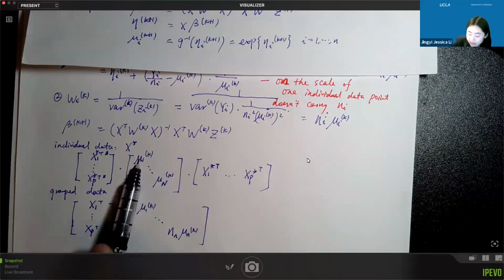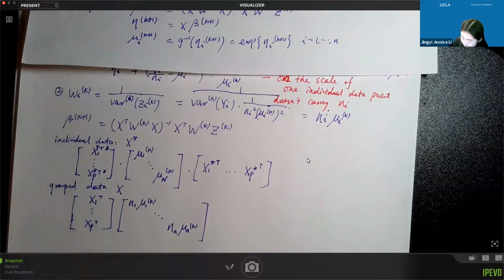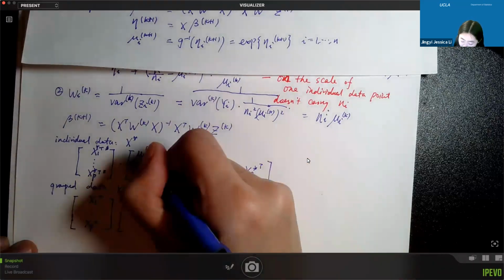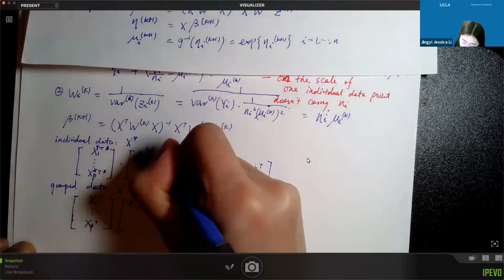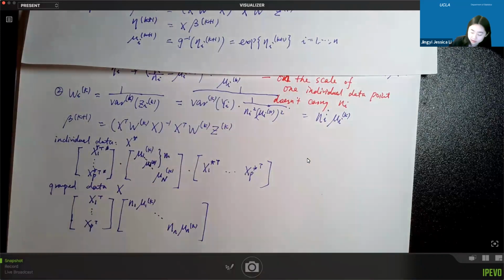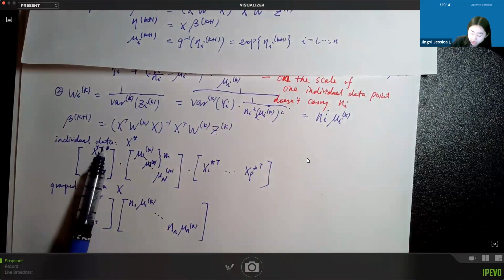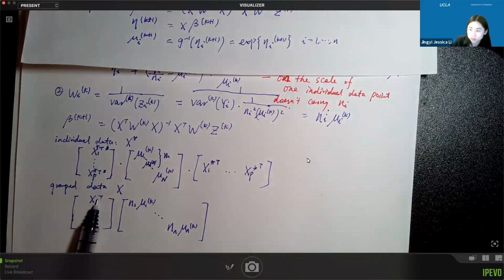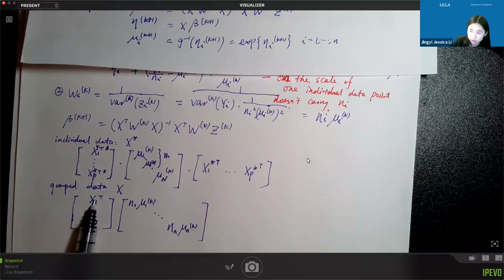Okay, so we know that some of them are repetitive, so I'm going to combine them along the diagonal. Or probably to help you better understand, I'm going to have a few mu 1K here, and the total for that is N1. So that can help you better understand the distinction between here and here. And also in the left matrix, each XI star transpose is just longer than X1 transpose. So it's just like I'm going to combine its repetitive elements in the group I into one entry here.